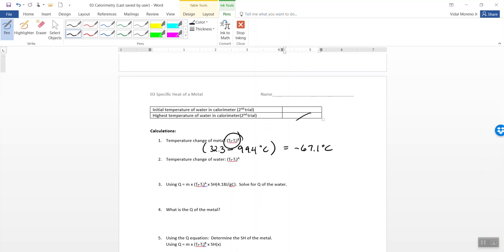What is the temperature change for the water? What do you want to do first, final or initial? Okay, what is the final temperature? Very nice. And what is the initial temperature? Okay, that is the water whose job was to heat the metal.